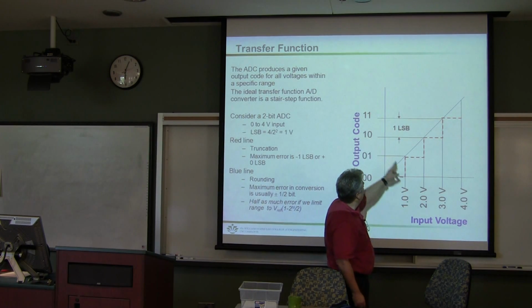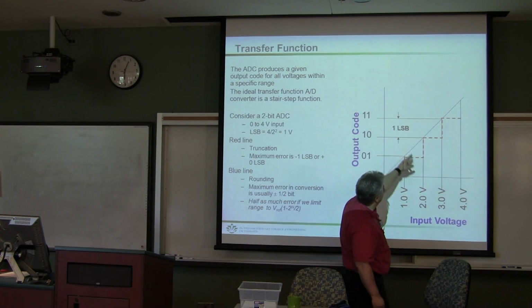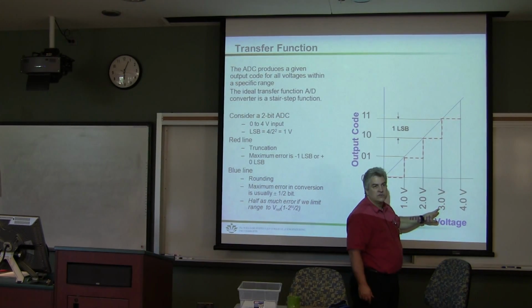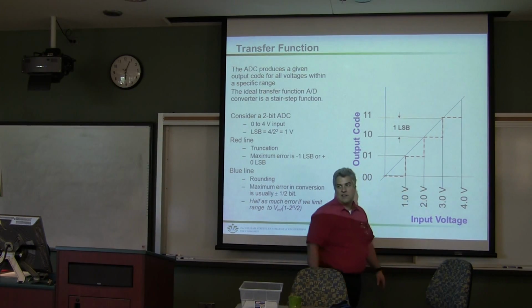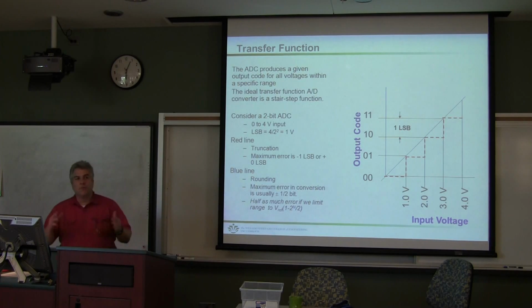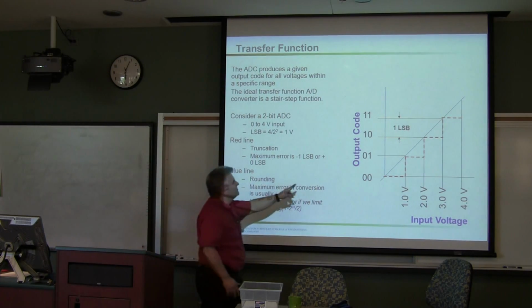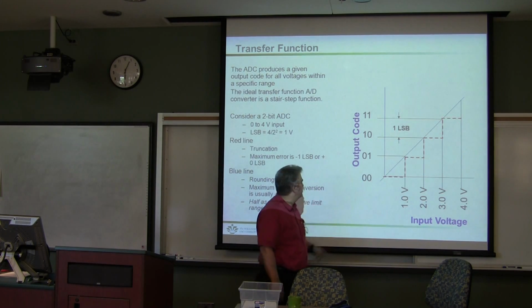At 1, 0, it's going to represent 2 volts. And at 1, 1, it's going to represent 3 volts. So it looks like 4 volts is even difficult to get in that, right? The more bits you have associated with it, the better resolution you have, and the closer you're going to come to what the actual value is.